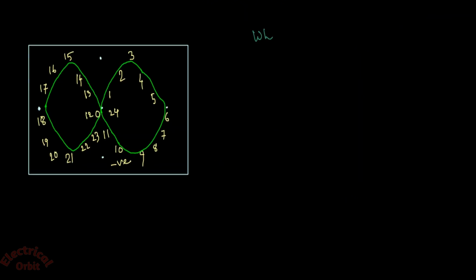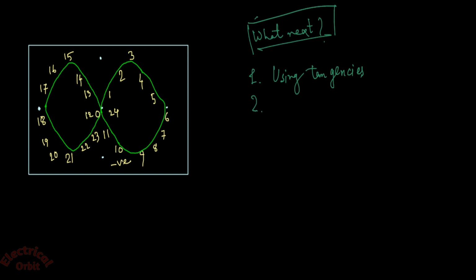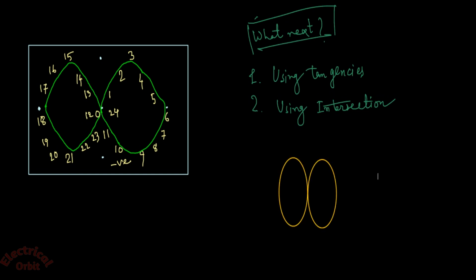Now what next? How can we find frequency from this Lissajous pattern? There are two techniques. One is using tangencies, another is using intersection. So first look at the tangencies. Our pattern is like this on the CRO screen. Now we have to draw tangents, one horizontal and another vertical. These are the horizontal tangent and vertical tangent.